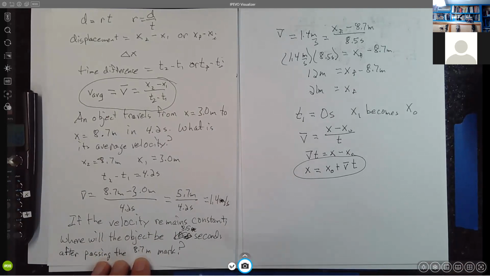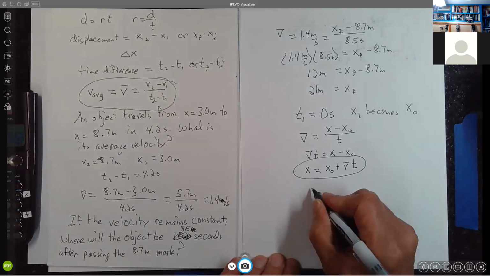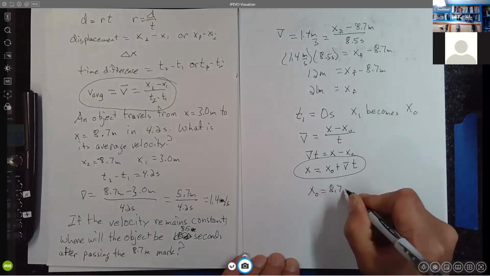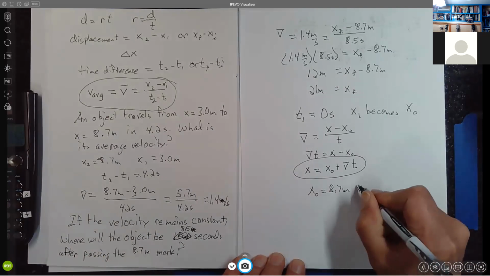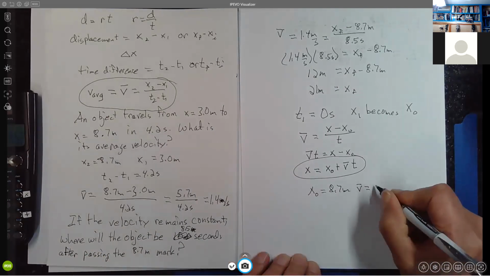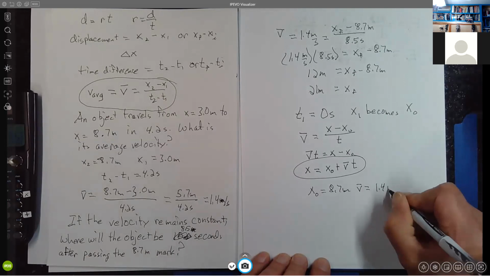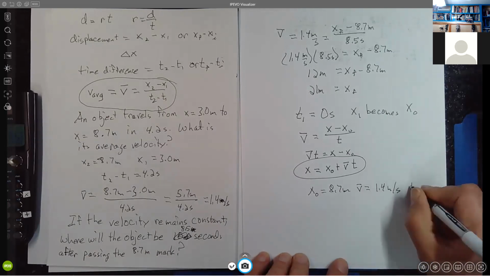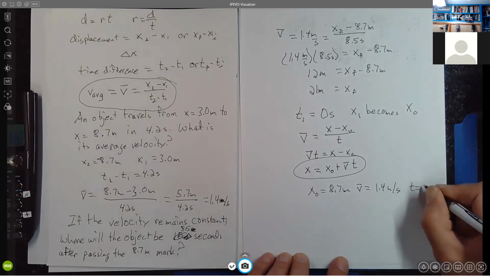And we'll say x naught is equal to 8.7 meters. So then I just say, okay, x naught is 8.7 meters. V bar, the average velocity, is 1.4 meters per second. And the t that we're interested in here is 8.5 seconds.